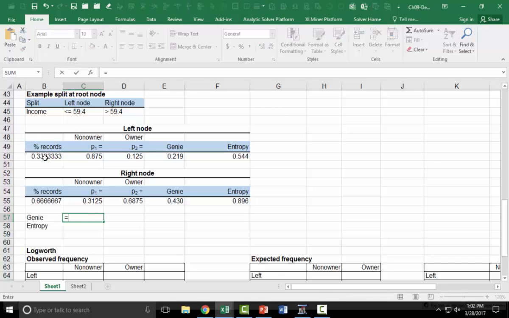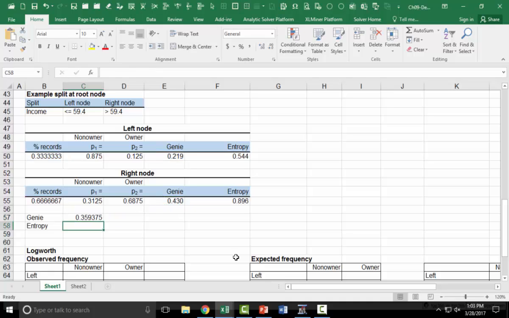So that times that. Okay. So you're taking the Gini of left multiplied by the proportion of records, and then that times this one.